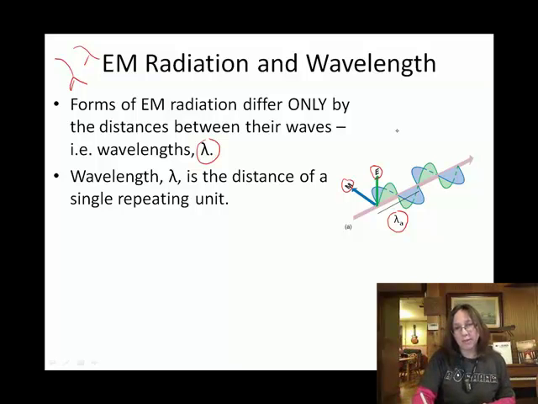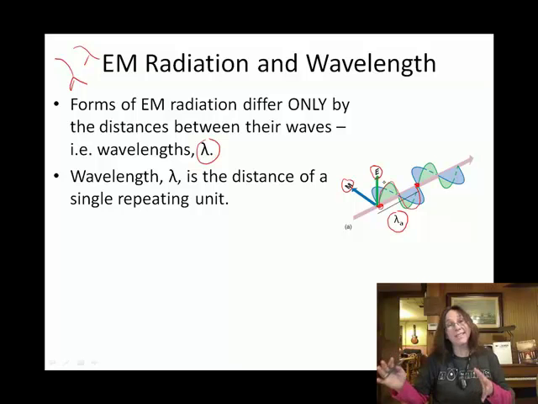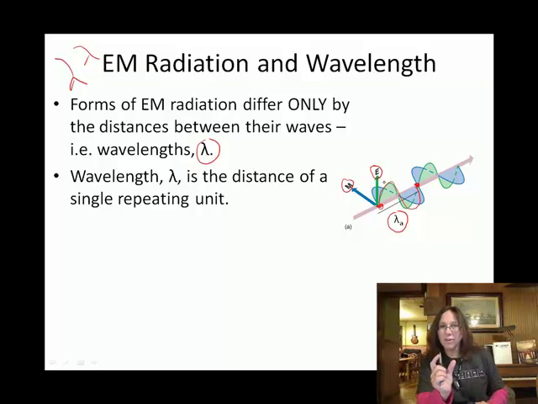So you have to go through one crest, through one trough, and back again. Literally it's a distance. Some of them are going to be centimeters. But that's the wavelength, and it's characteristic of each form of electromagnetic radiation.